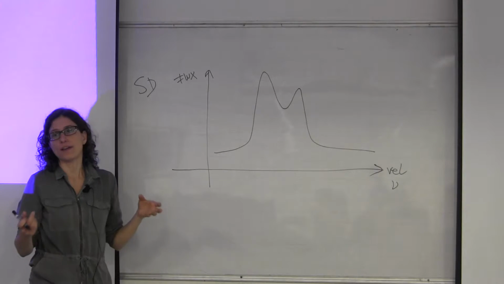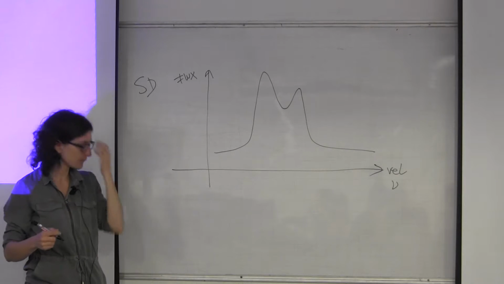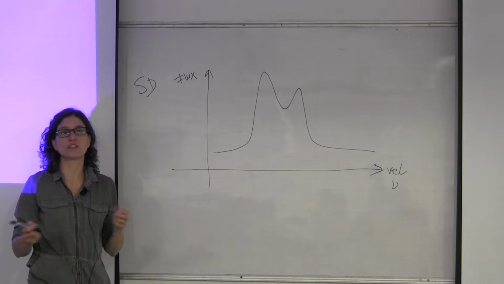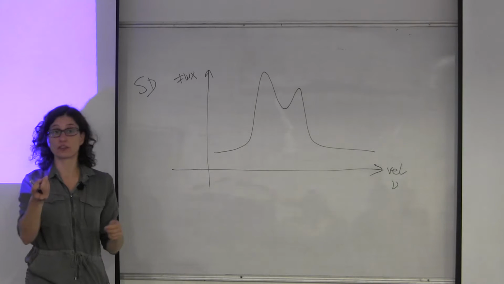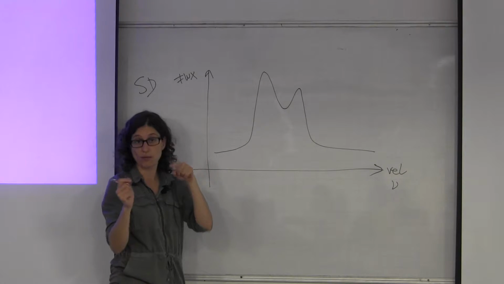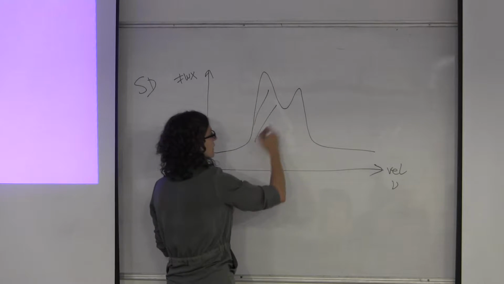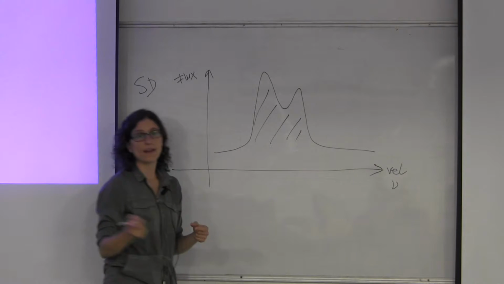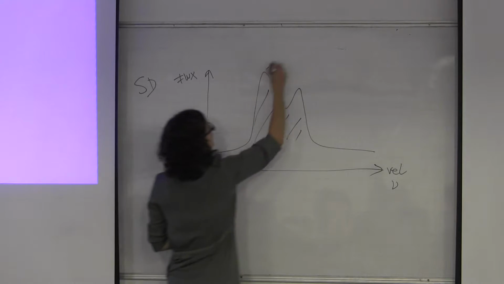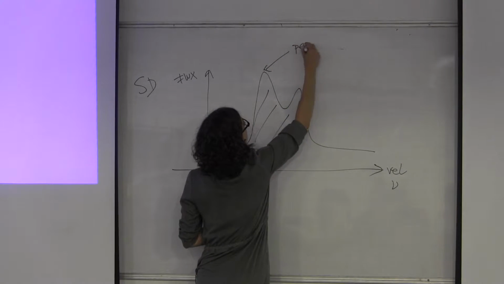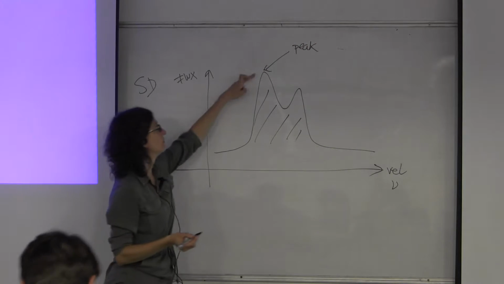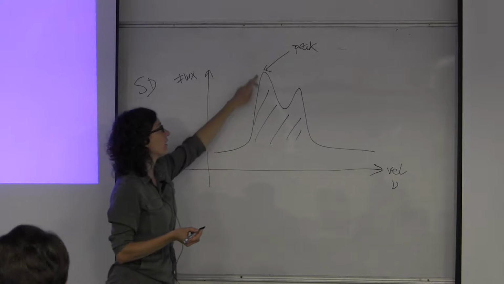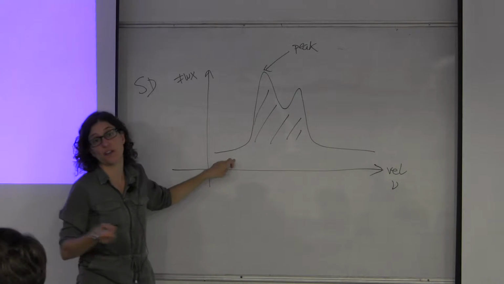How people usually measure the flux: first they do the total flux, which is the zero moment. It integrates all this area. And then they also give the peak flux, which is telling you what is the peak of the line with respect to the RMS.